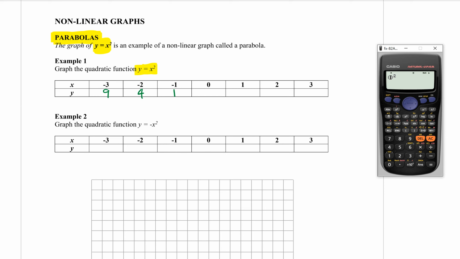I don't need the minus sign, so 0 squared is 0. 1 squared, so some of these you might not need your calculator for. 1 squared is 1. 2 squared, putting the 2 in there now. 2 squared is 4. And the last one is 3. 3 squared is 9.